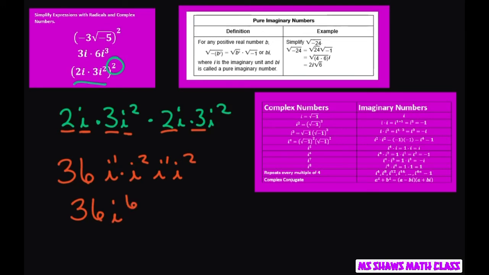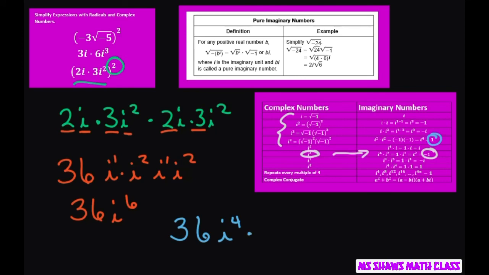All right. Now the way we were talking about before, we have i to the 6th here, and that's going to equal negative 1. But you really just need to know the first 4. So for the first 4, we can write this as 36 times i to the 4th. We know i to the 4th is 1.